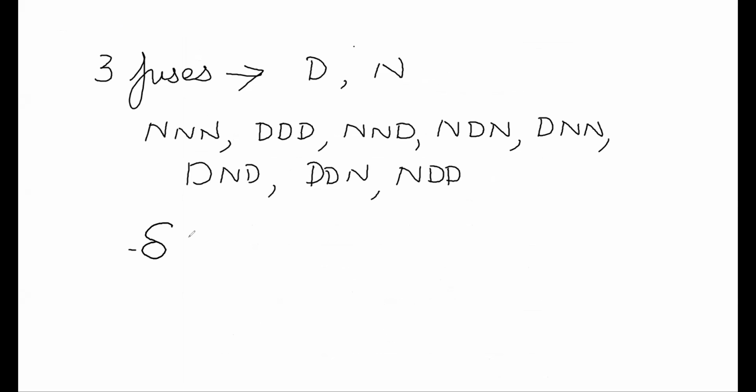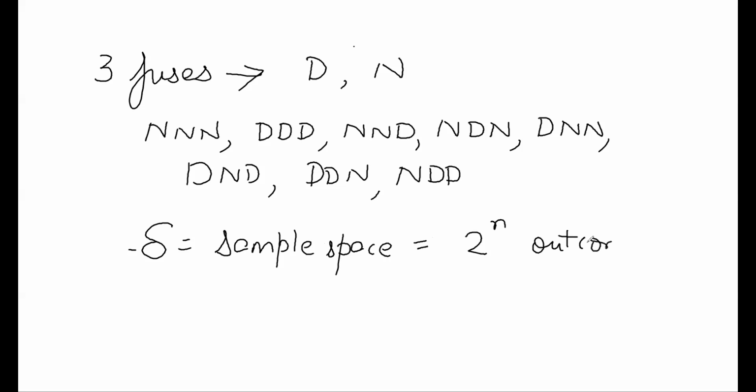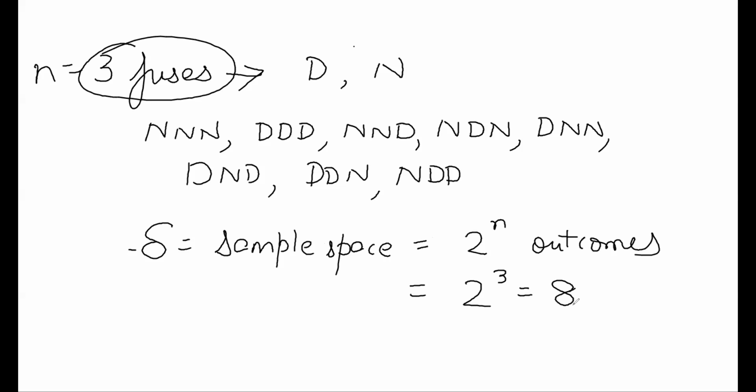So delta, which is the sample space, will consist of 2 to the power n outcomes. In this particular case, what was my n? My n was 3 fuses. So 2 cube, which is 8.